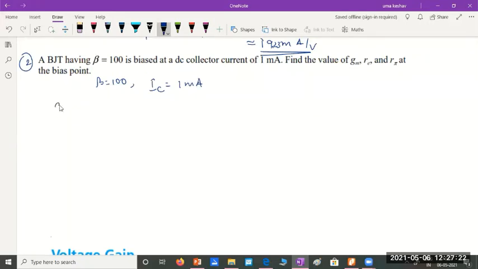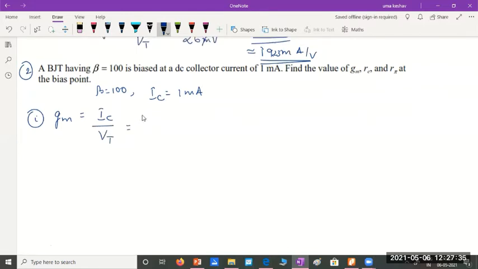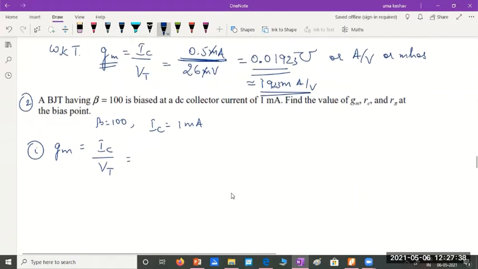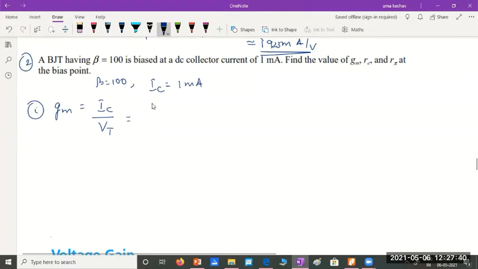You are supposed to find gm, RE and r pi at the bias point. gm we know, just now we have done IC by VT. Previously the IC was 0.5, here it will be double that. IC is 1 milliampere, VT is 26 millivolts. So approximately 1 by 26, I should get around 38.5 or something, right?